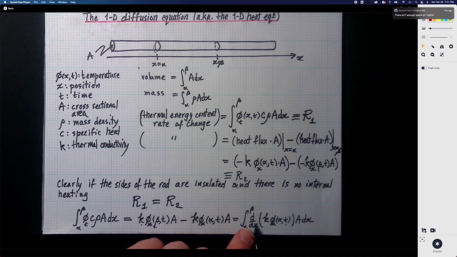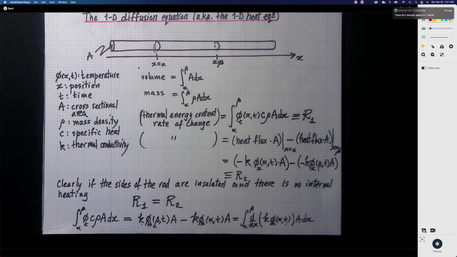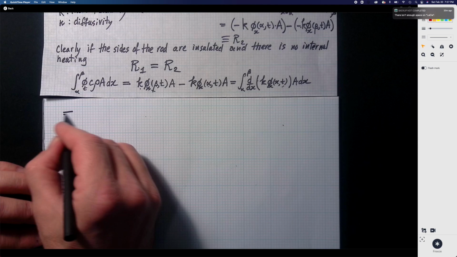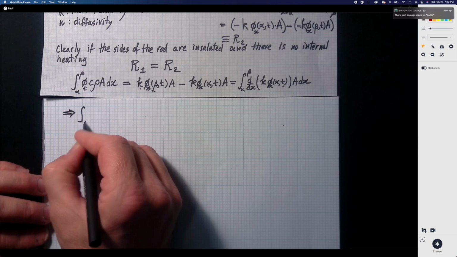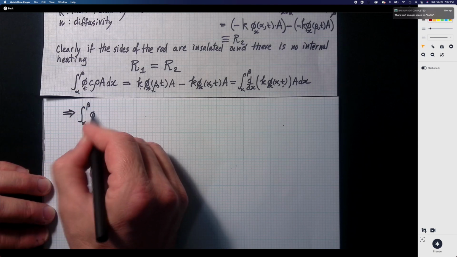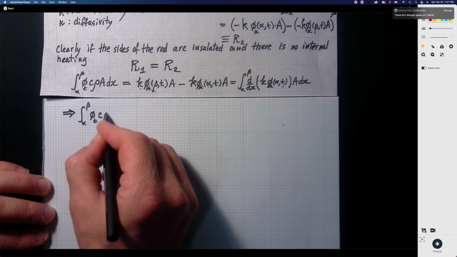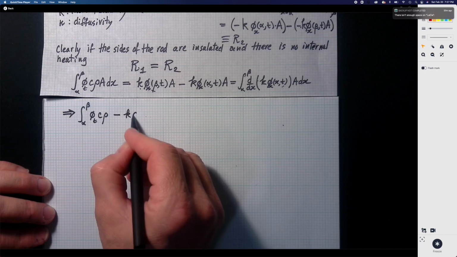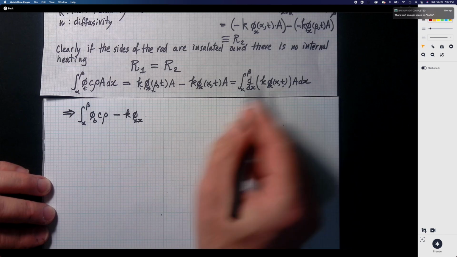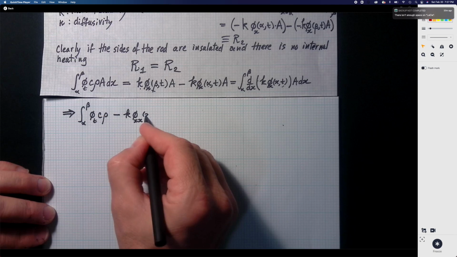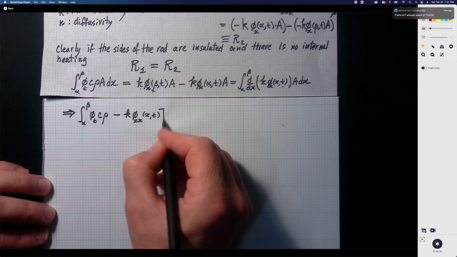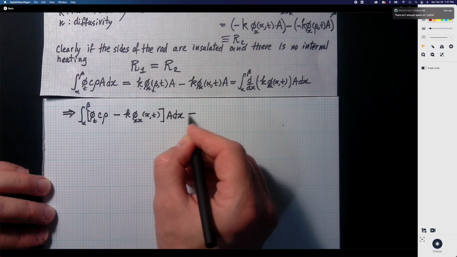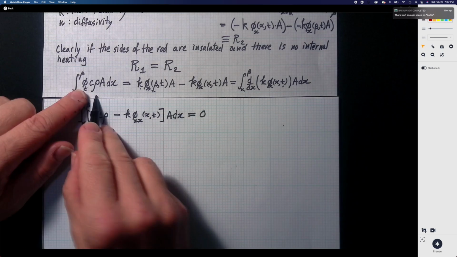So when we do the integral, we remove the derivative. And if we bring everything to the same side, we have the following: the integral from alpha to beta of phi t times c rho minus k phi xx, so the second derivative of phi with respect to x at x and t, times the area times dx is equal to 0. So we've taken this term and this term.